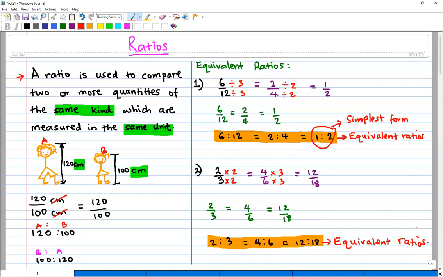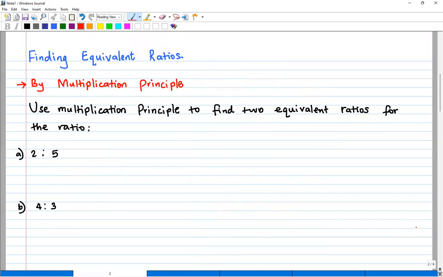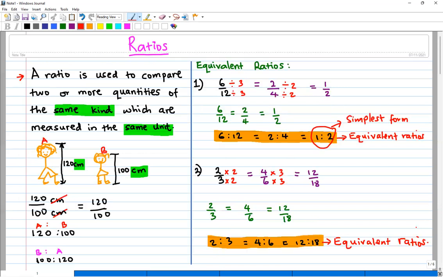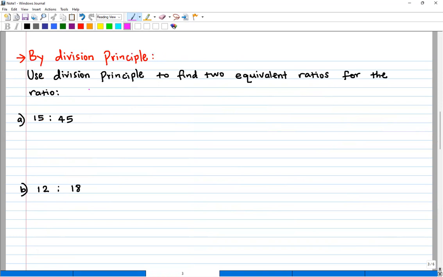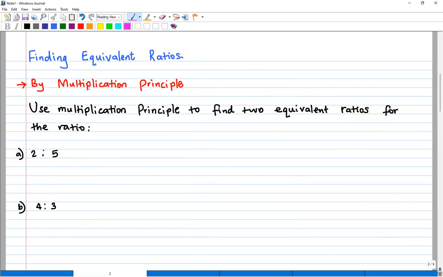Okay. Now, let's see, how do we find equivalent ratios? From what we have done here, you can see that here we were using division, but here we are using multiplication to get these equivalent ratios. So, in short, we can use the multiplication principle and the division principle. Okay, let's get another example.